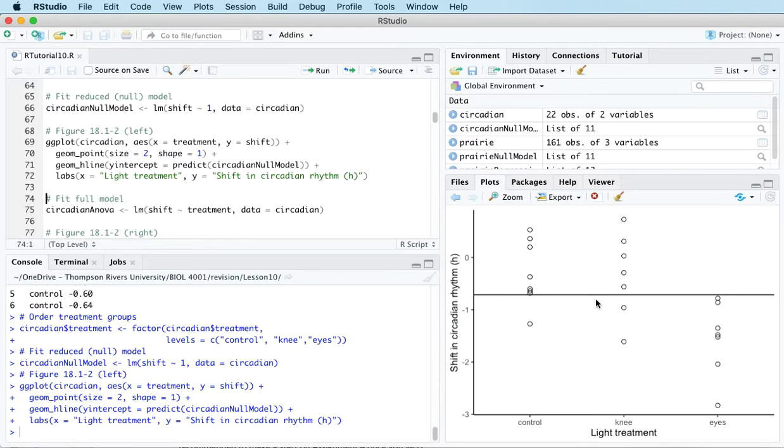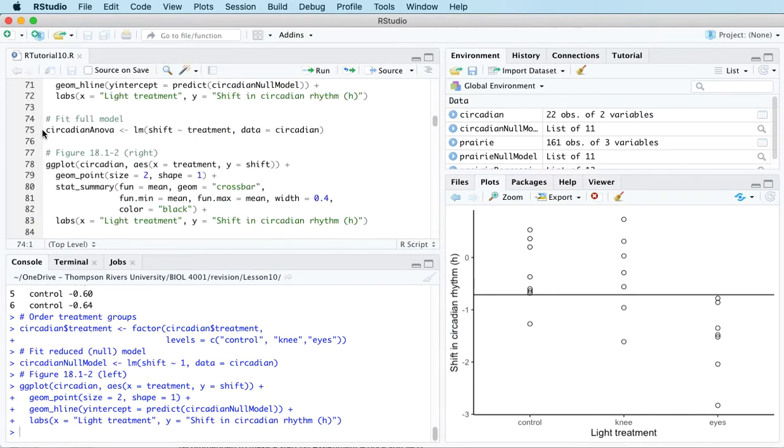And then this horizontal line here represents the null model if I ignore the treatment level. So that means I would predict the shift in circadian rhythm to just be the same regardless of the treatment, and that prediction would be set at the average of all of the response variable measurements, ignoring the treatment.